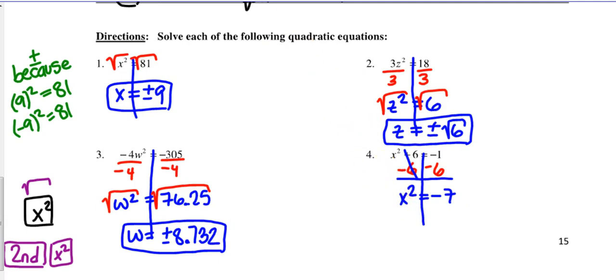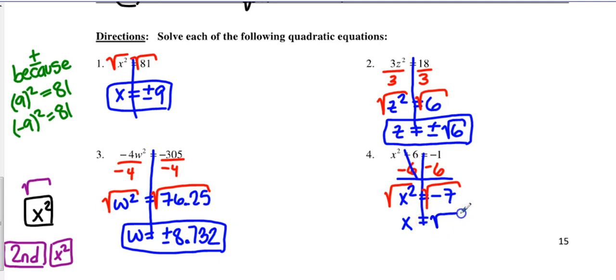So now to eliminate the square, the opposite or the inverse of squaring is taking the square root. So we will take the square root of both sides. Can I take the square root of a negative number? We will explore why we can't take the square root of a negative in the future. I'm hoping from last year we remember that we can't do that.